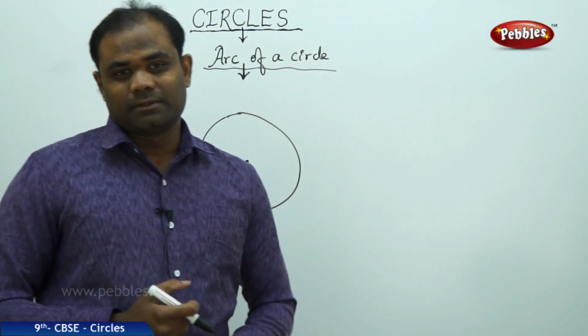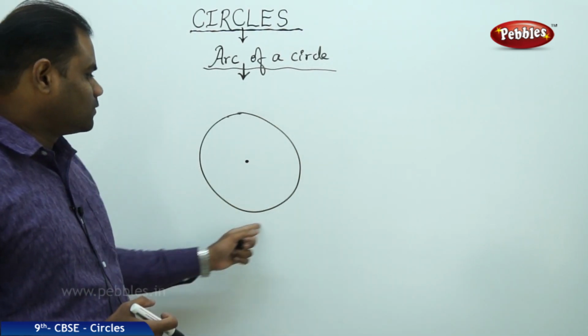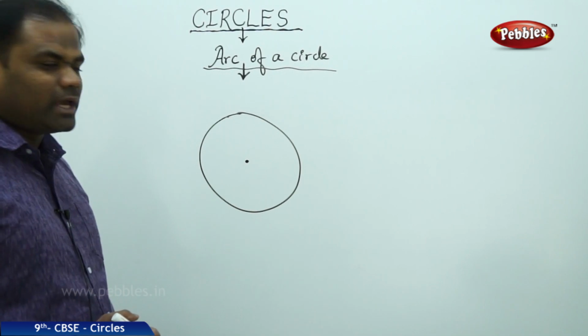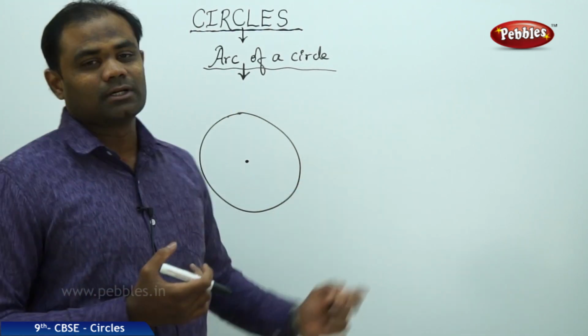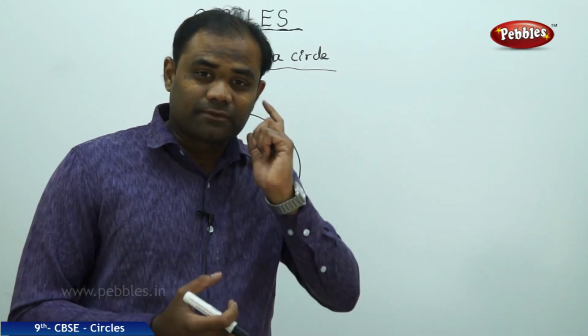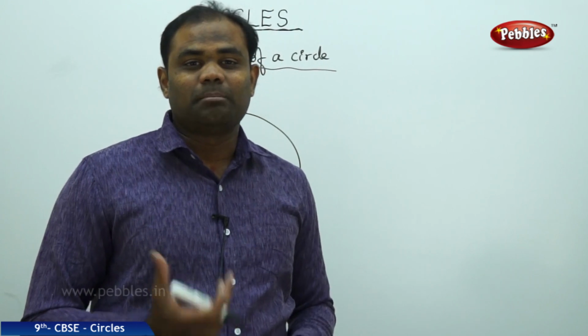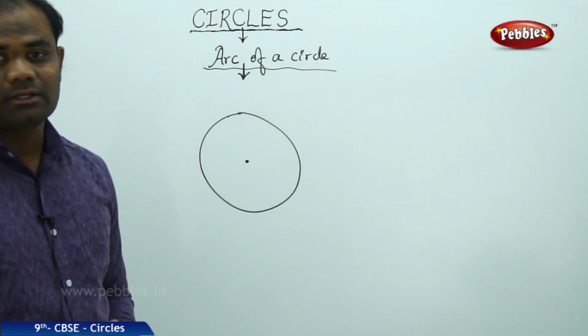So what is an arc? As we see, the rim of the circle is this, so any part or piece of that rim which we find in the circle is called an arc. An arc is defined for a circle to be a part or piece of a circle. That is how we understand an arc.